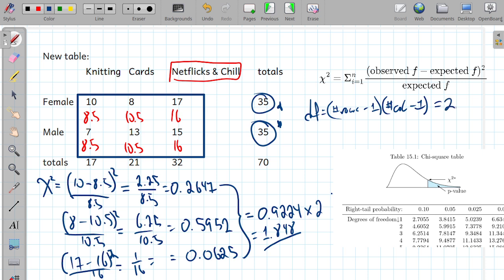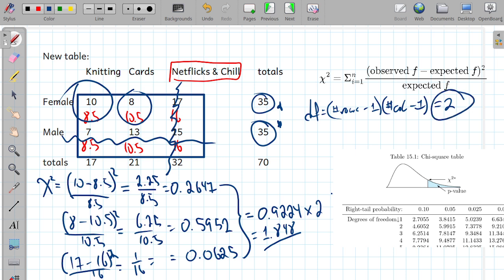If you have a table in front of you, if you strike out 1 row and you strike out 1 column, you have 1, 2 left over. That's why we have 2 degrees of freedom. Now, there's our degrees of freedom, 2. Problem, of course, is that 1.8 is over here somewhere, and that means our p-value is bigger than 10%.